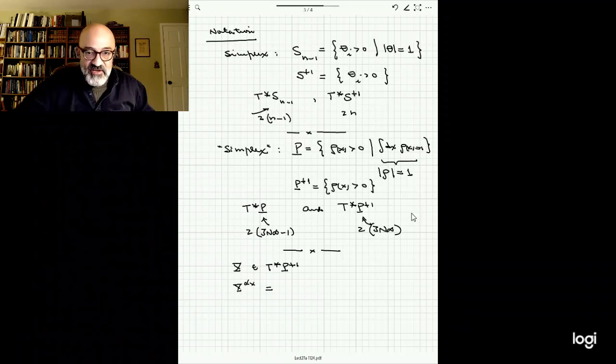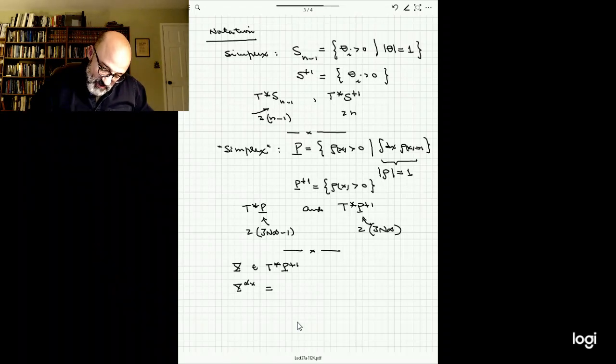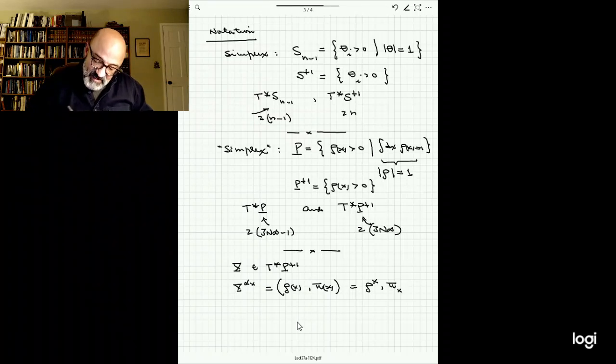And we're using a composite coordinate. Alpha equals 1 or 2 will tell us whether we are dealing with rho x or pi x. And we're just going to write them like this, and pi like that.